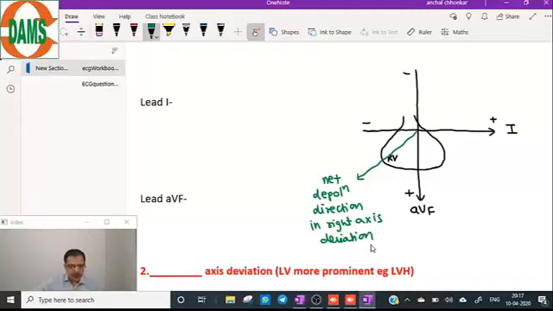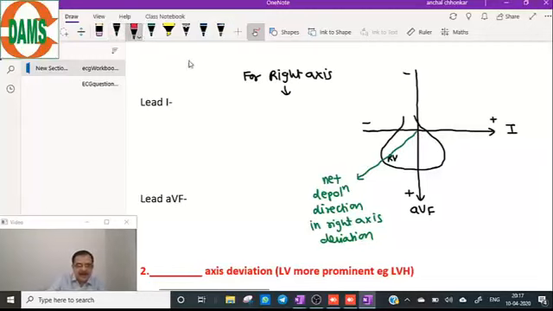So to get this net depolarization direction, what should be the QRS complexes? Only plus and minus you have to mention. For right axis deviation, what should be the QRS in lead 1 to get a resultant in this direction?